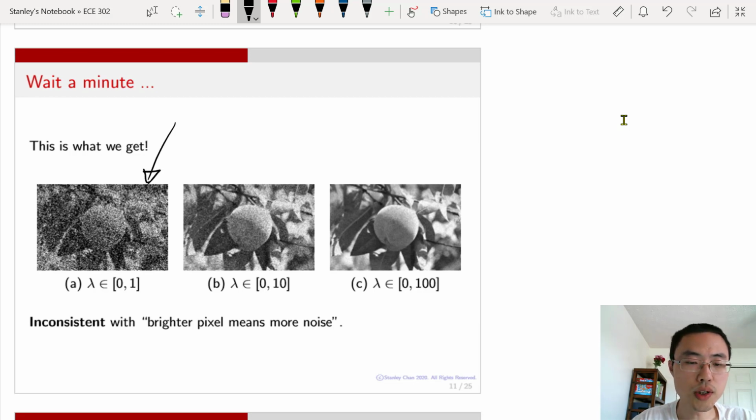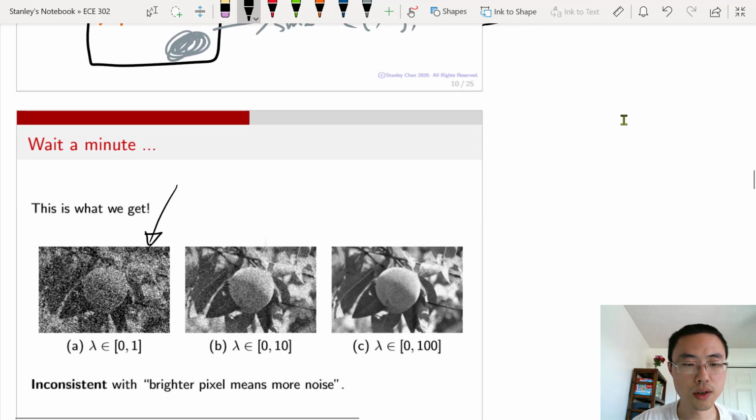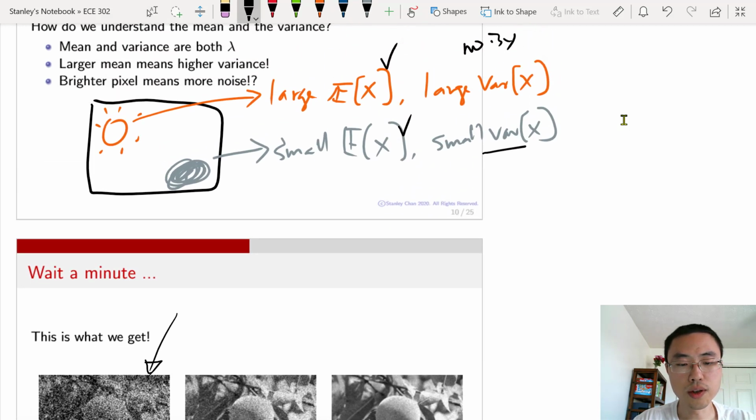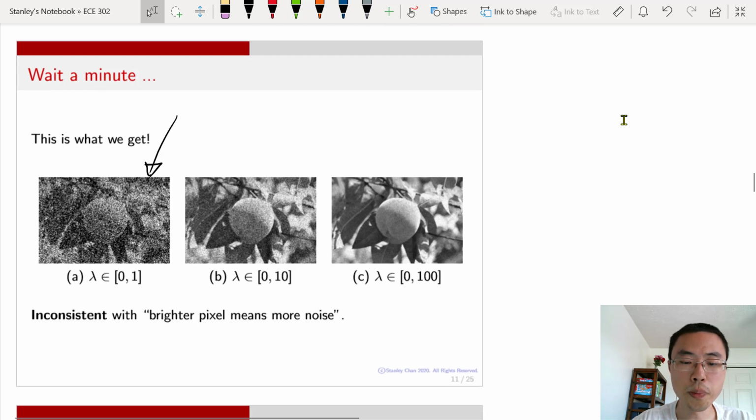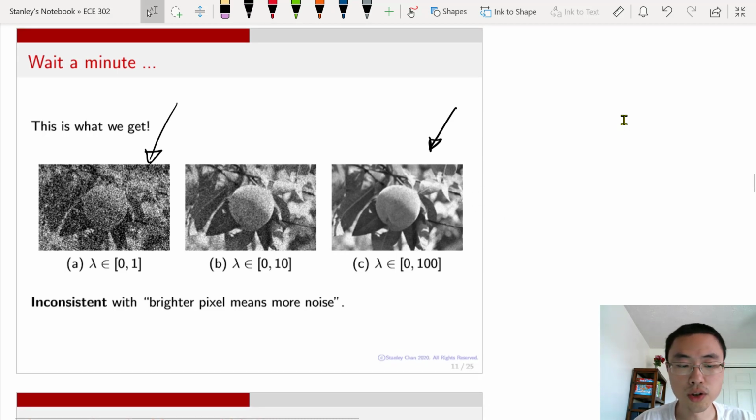Correspondingly, this image is similar to taking a picture of the rock, because it's very dark. Here we just set the exposure to be short, and so the number of photons that come to your sensor is few. Here is a very, very bright scene. You put it under the sun, and then you take a picture. This is much nicer. And so you ask, which one is noisier? Obviously, this one is noisier.